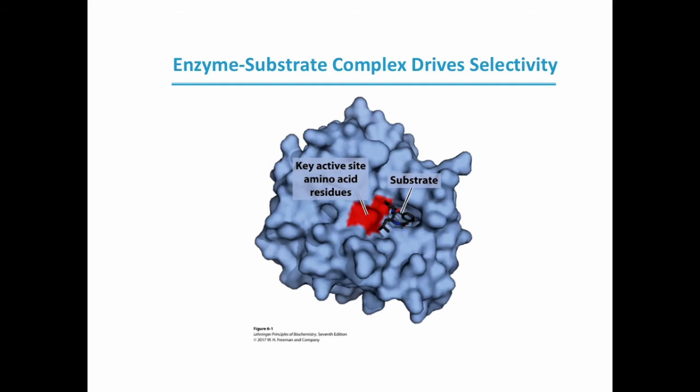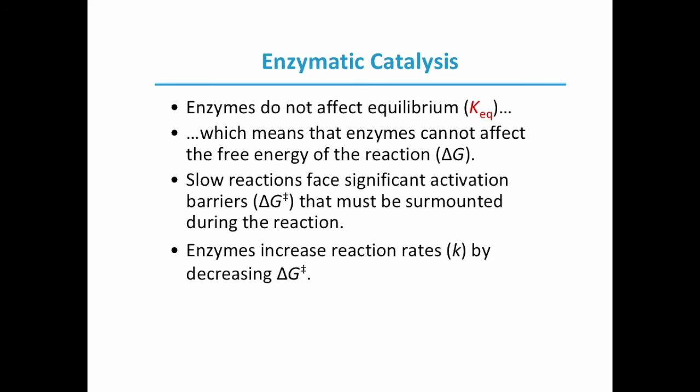This image shows the enzyme chymotrypsin with a bound substrate. Some key active site amino acid residues appear as a red splotch on the enzyme surface. Now we're going to talk about the thermodynamics of enzymatic catalysis. First of all, it's important to know that they do not affect the equilibrium, which means that they cannot affect the overall free energy of the reaction.